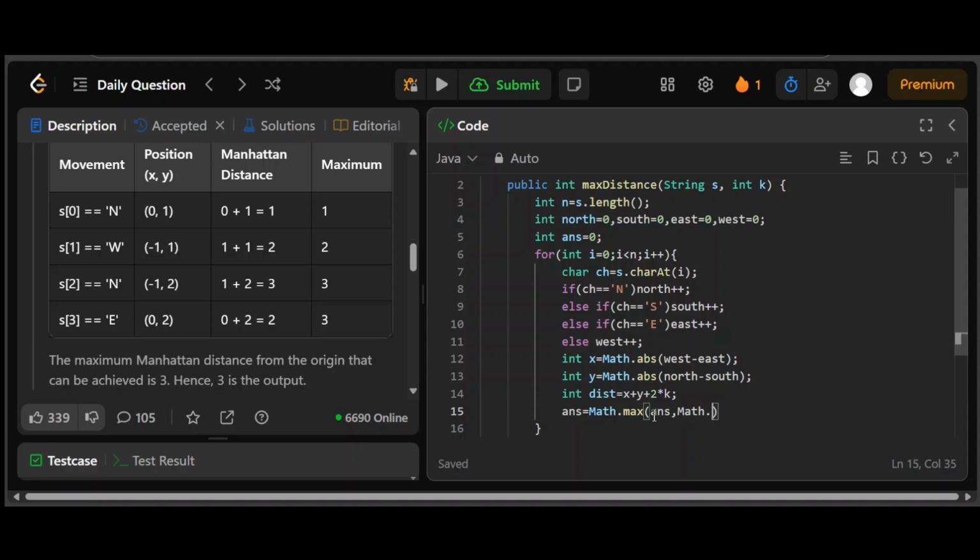Minimum of what? Minimum of your distance, what you have found until now, and i plus 1, the number of characters you must have covered. If i is equal to 1, the maximum characters you have iterated till now is 2, and maybe the distance you are getting here is 5.